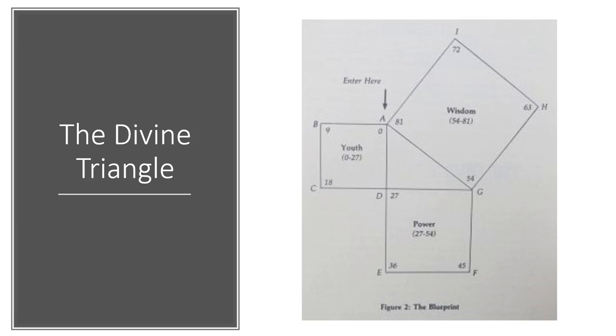So with this, we have established what is called the youth square of the divine triangle, which is this square over here.